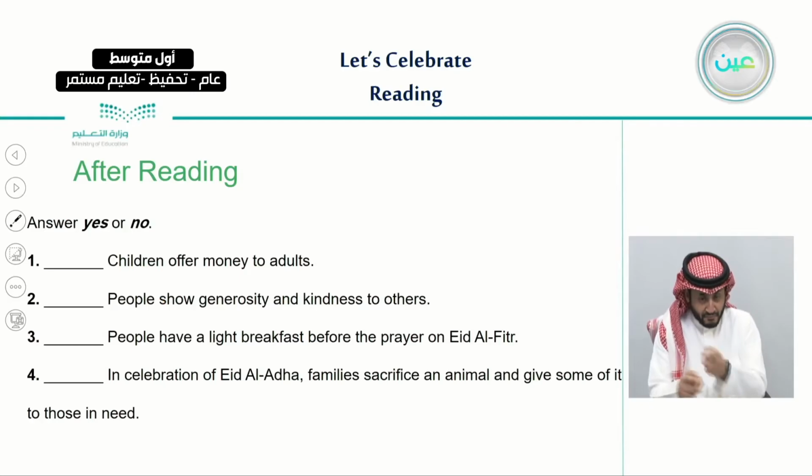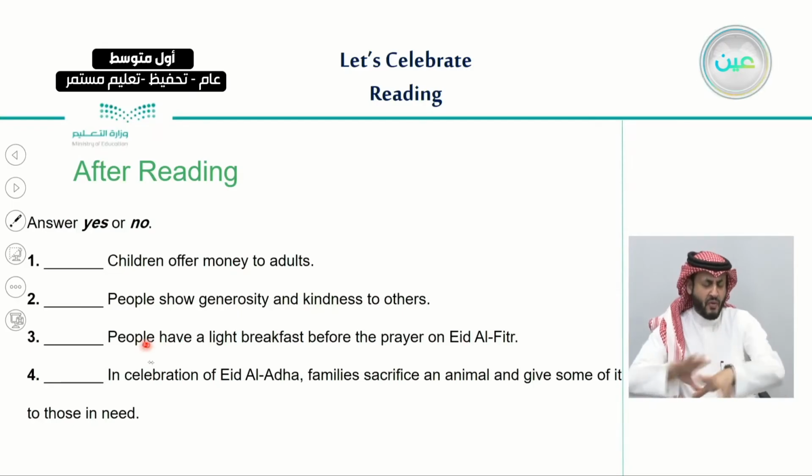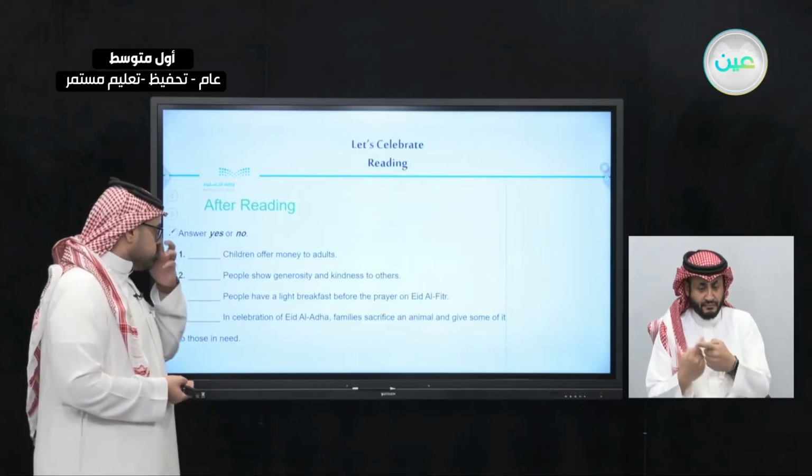Number two, people show generosity and kindness to others. Number three, people have a light breakfast before the prayer on Eid al-Fitr. And number four, in celebration of Eid al-Adha, families sacrifice an animal and give some of it to those in need. So let's start with the first one.